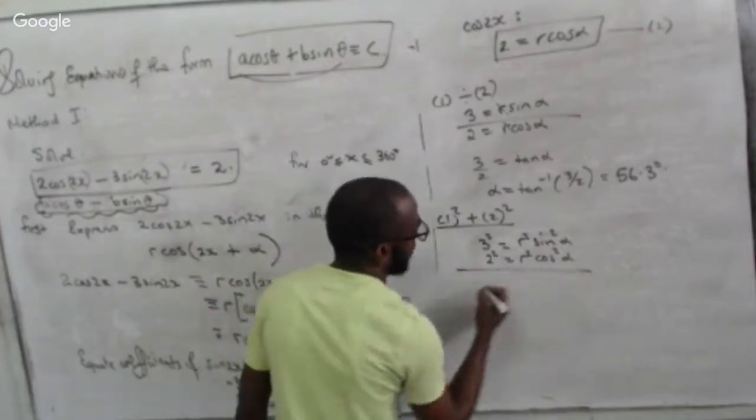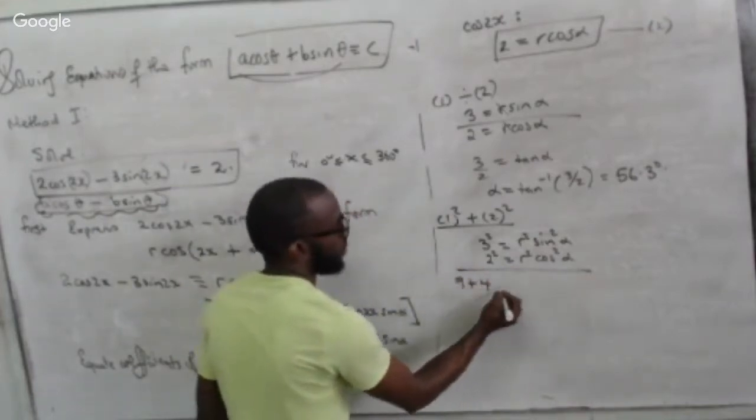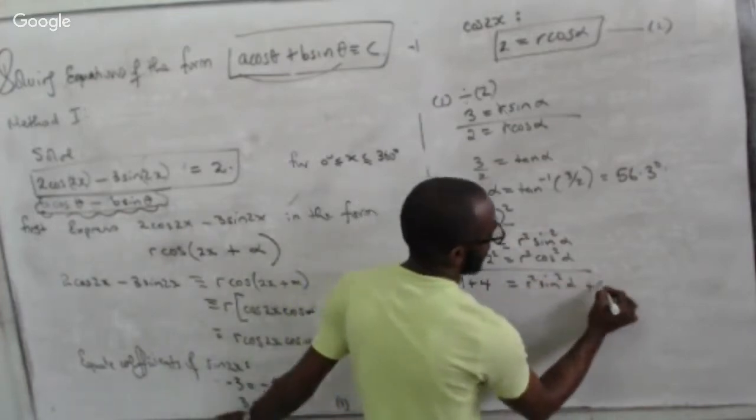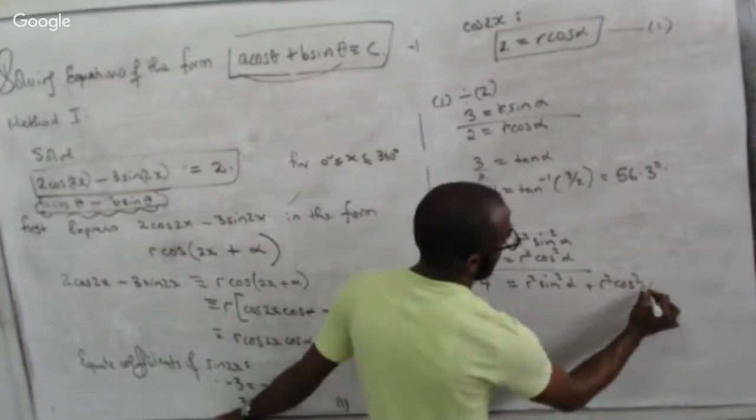So in this case, you can clearly see that 9 plus 4 equals r squared sine squared alpha plus r squared cosine squared alpha.